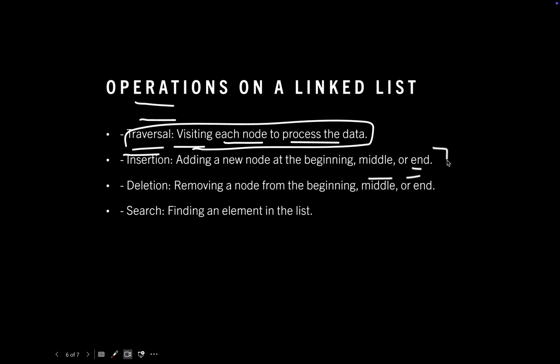You can delete, the same way: the first node, the last node, or anything between first and last. You can search, to find whether an element is present in the list or not. These are the four kinds of operations that can be done on a linked list.